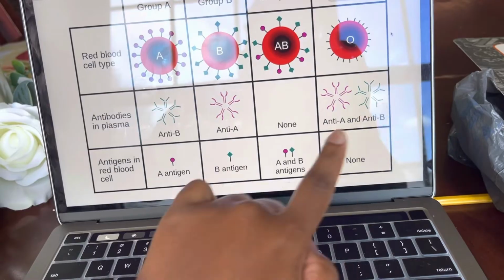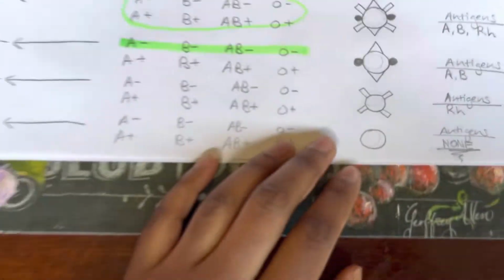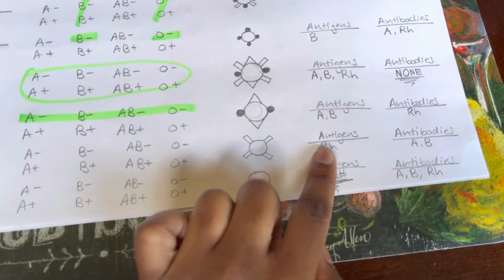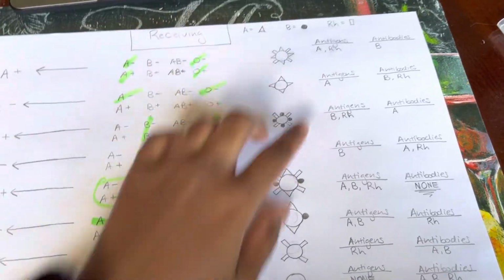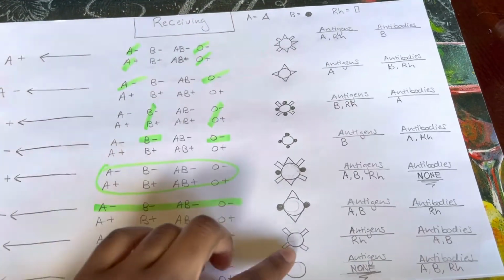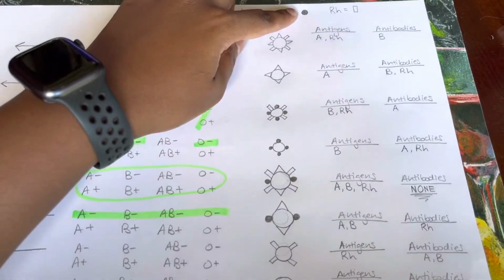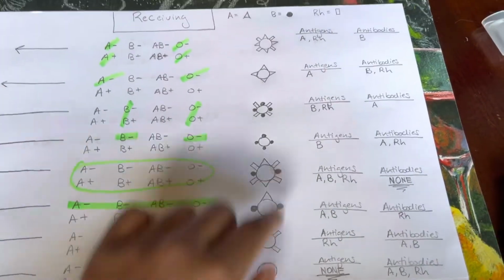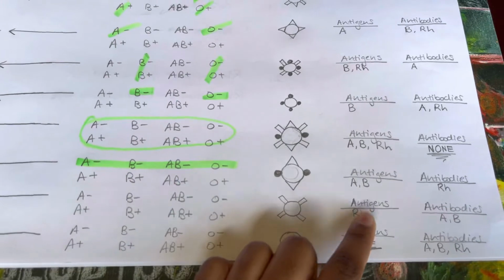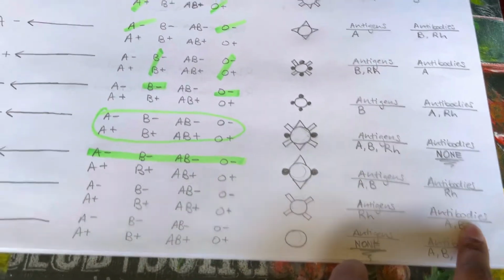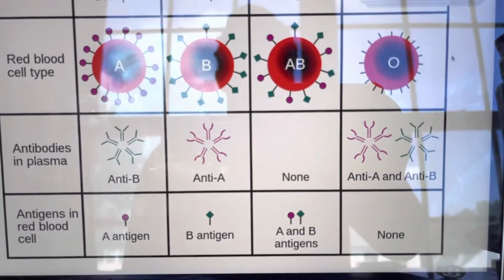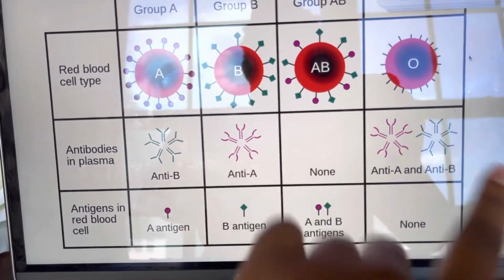It has an RH antigen. But it does not have an A. There are no A's. It does not have a B. There are no B's. But it does have RH. So that's the only antigen it has. So that means it fights against A and B, which is what was on here.